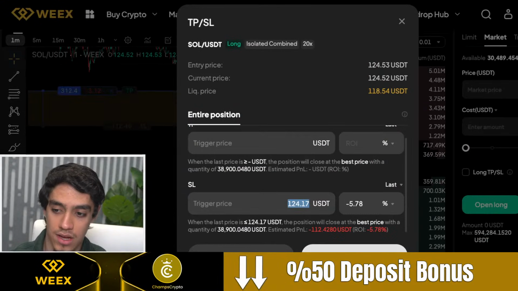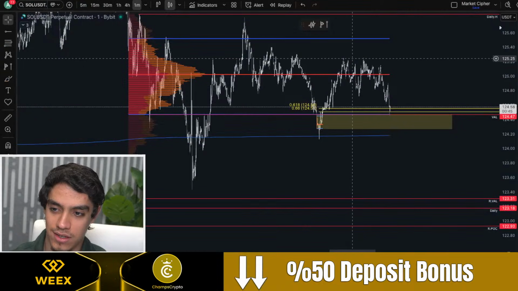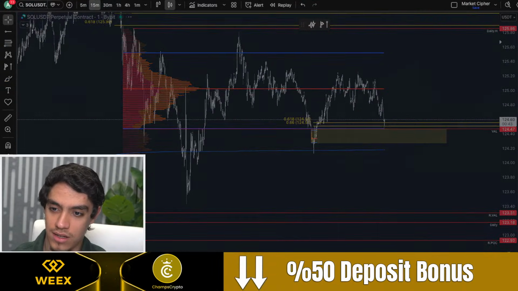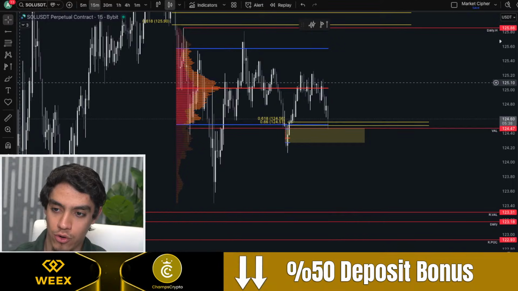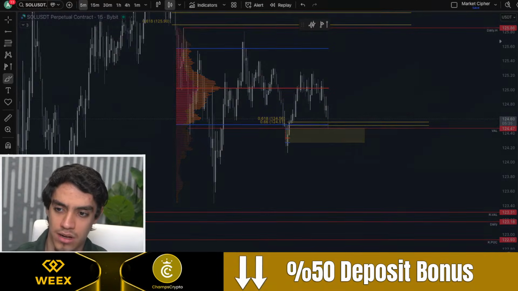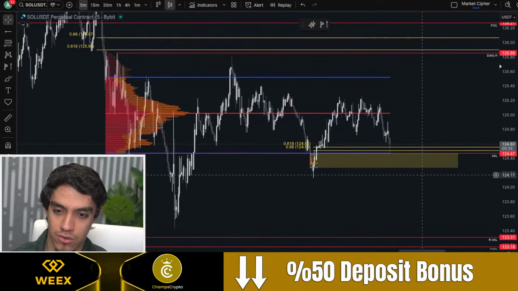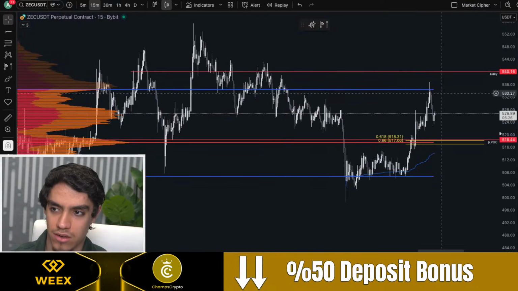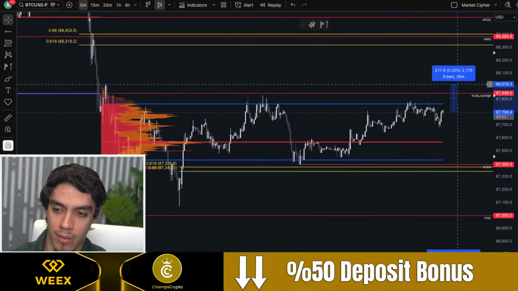Yeah, 5%, nice. Very little nice scalp, we'll see. The reaction would be better if we hit deeper and then do this, but entering at the hit is also nice enough. 5 minutes is going to close in seconds. Zcash still holding up. That would work out if Bitcoin hits or takes the high.